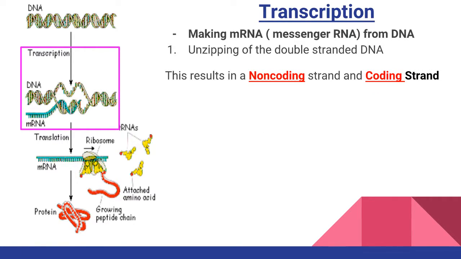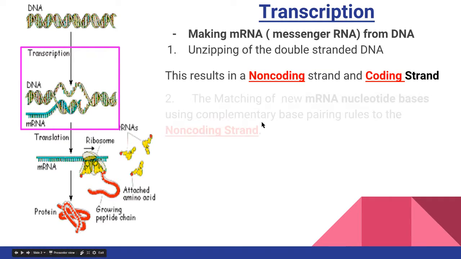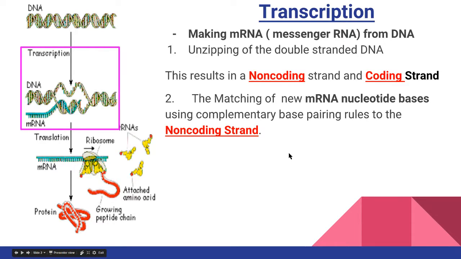That is done by unzipping the double-stranded DNA, which results in a non-coding and coding strand. Now, this matching of the new mRNA nucleotide bases is done using the complementary base pairing rules to the non-coding strand. So the mRNA, which is this right here, gets its copy from the non-coding strand.